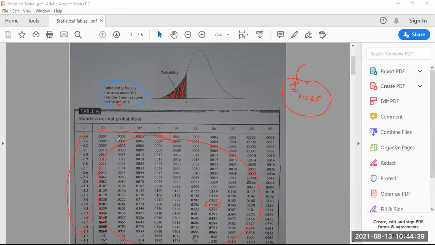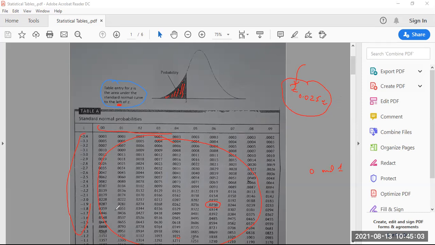Again, these values inside the table are between 0 and 1. These are 0.00, 0.1075, for instance. Now, this is 0.0250, which is what we are looking for, isn't it? Yes. So what is the value of Z corresponding to that?